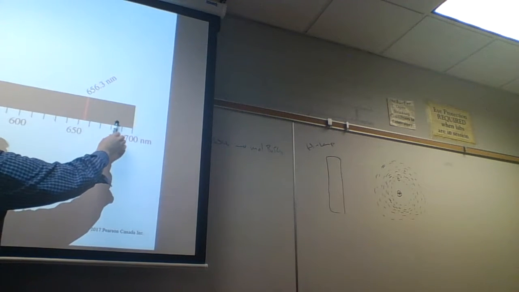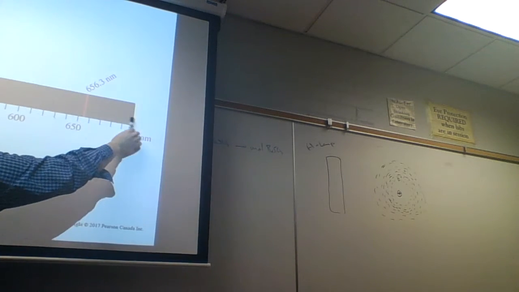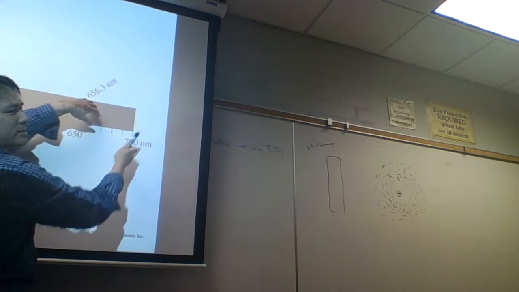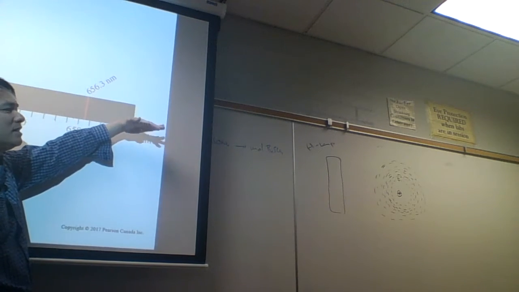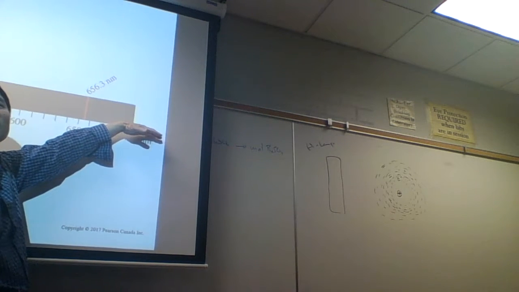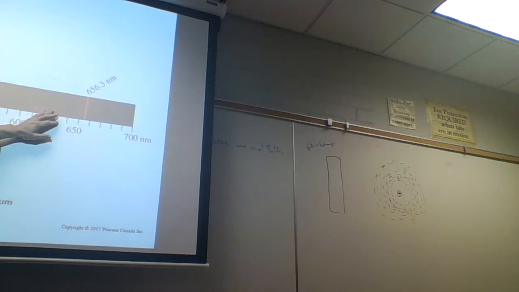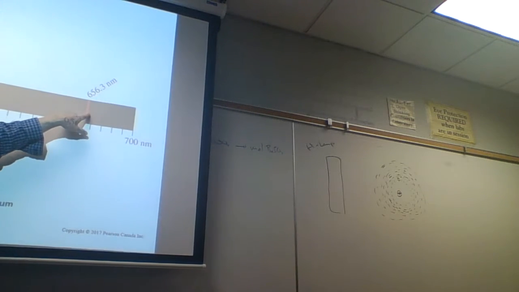And so you see, 390, look at the red. Most of the red region's black, which means that there's no light being emitted there, which means the electrons aren't being excited here. It's not until you get to 656.3 nanometers that you see a line.